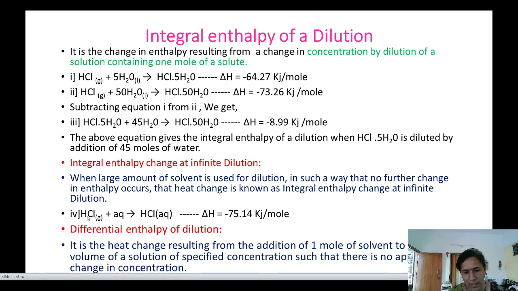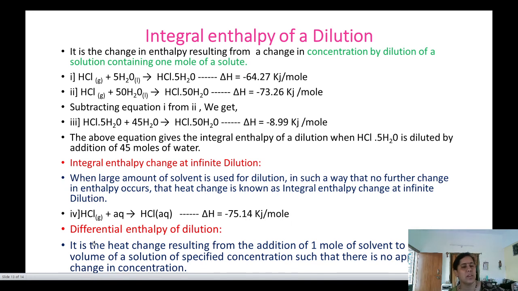The equation is HCl diluted in aqueous solution, so the quantity of volume is not given, giving aqueous HCl solution. At that time, the integral enthalpy at infinite dilution is equal to minus 75.14 kilojoule per mole.